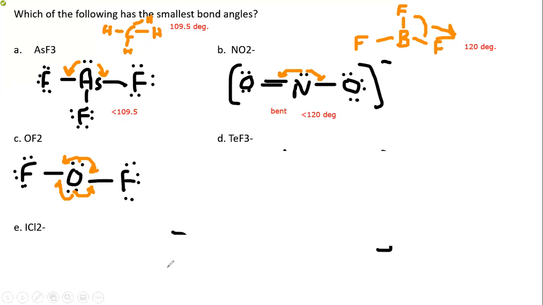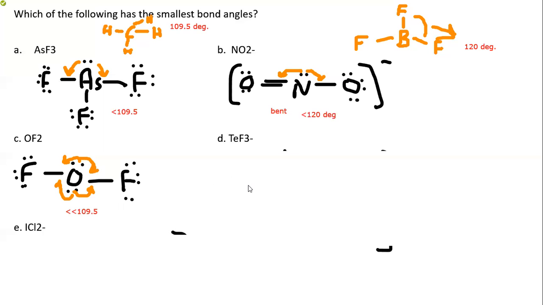So therefore, it's going to be a little bit or a lot smaller than 109.5. So this could be like 104.5, 103.5, somewhere like that. So the more electron pairs you have, the more it's going to push the bonding pair of electrons closer together.